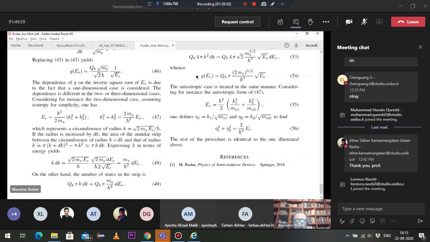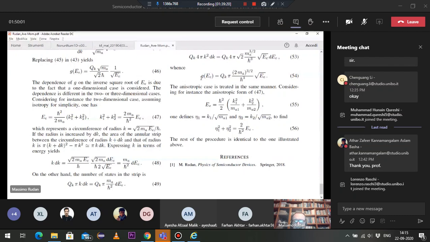Okay, and then there are the other constants that are the density of states in K. Then there is pi divided by the cube of h bar times twice the mass to the 3/2.